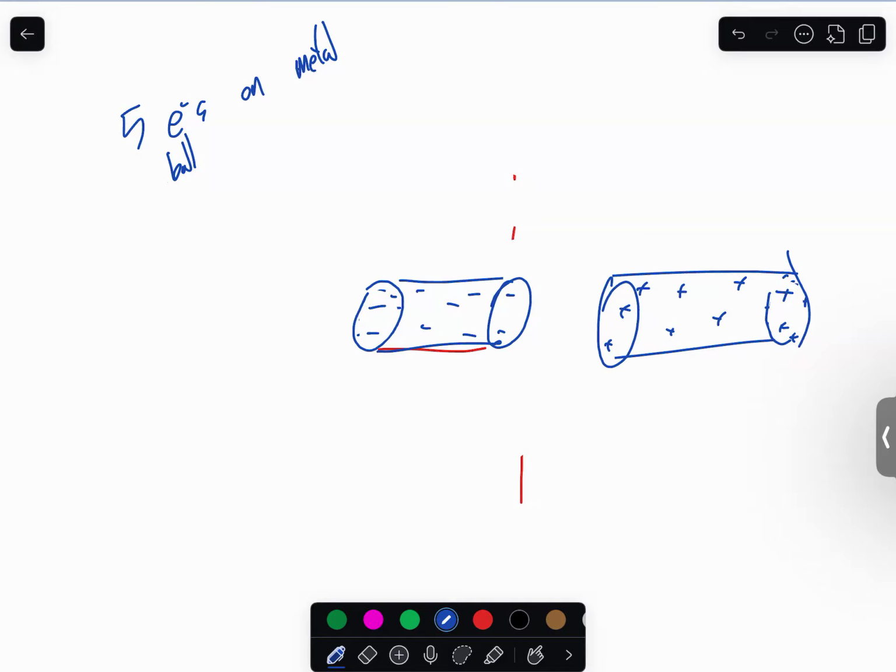I want to emphasize again, there's another thing that I said briefly: the plus charges rearrange themselves. That's a lie. The plus charges don't move. The rest of the atom is so honkin' big compared to an electron. An atom is roughly 1,000,000 times more massive than an electron.